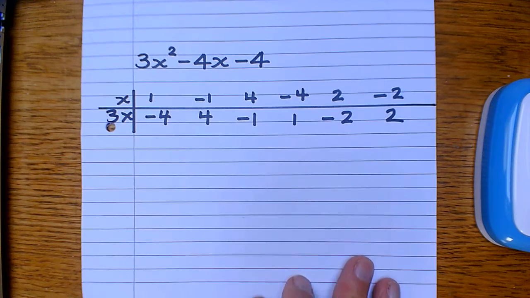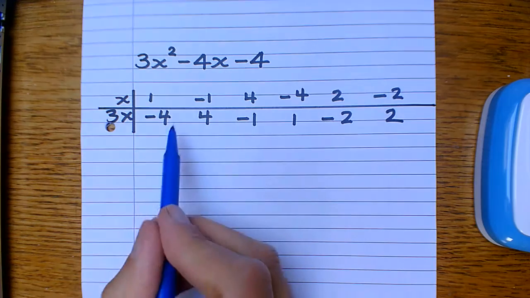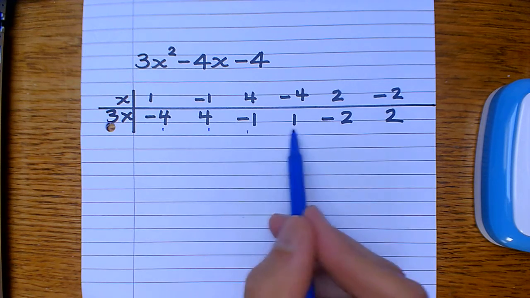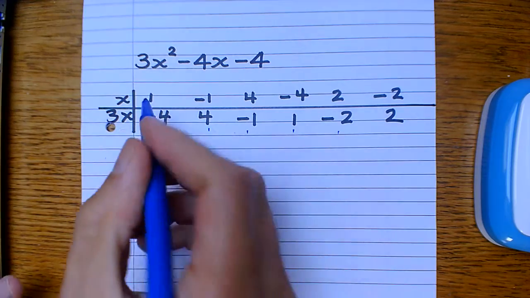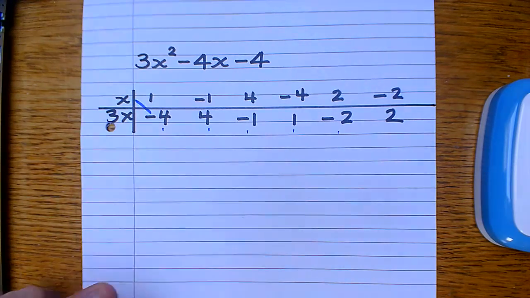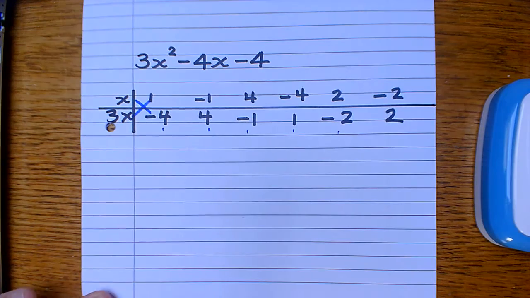Now, this is the last one. Sadly, there is no common factor here, and it is harder if there is no common factor. There are a lot of possibilities to make minus 4. I've written them all out already. And remember, what we do here is we're just checking to see which ones work. So we do x times minus 4, that would give us minus 4x, plus 3x would give us minus x.